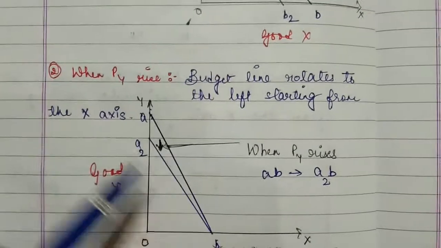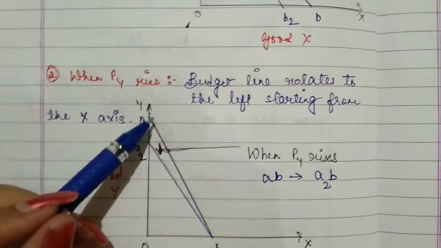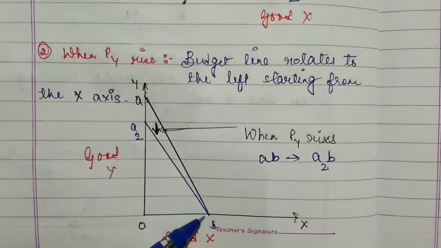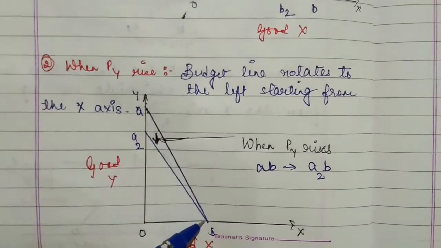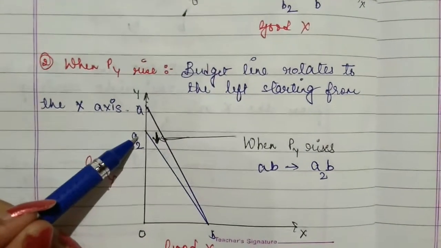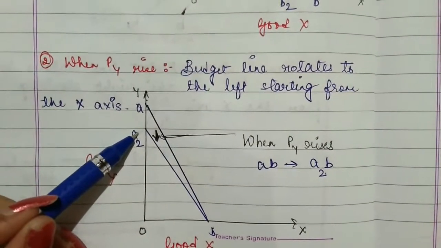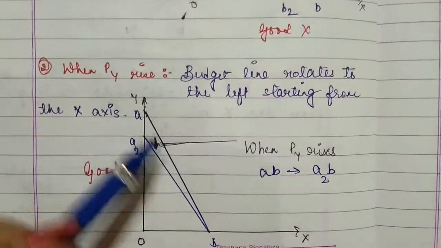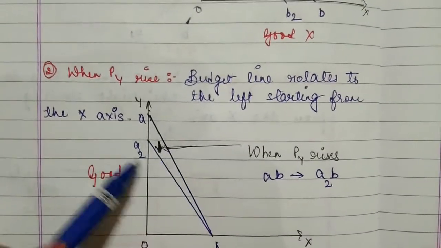You can see this is the original budget line slope, AB, and when the price of good Y rises, consumption decreases. So the new budget line rotates from AB to AB.